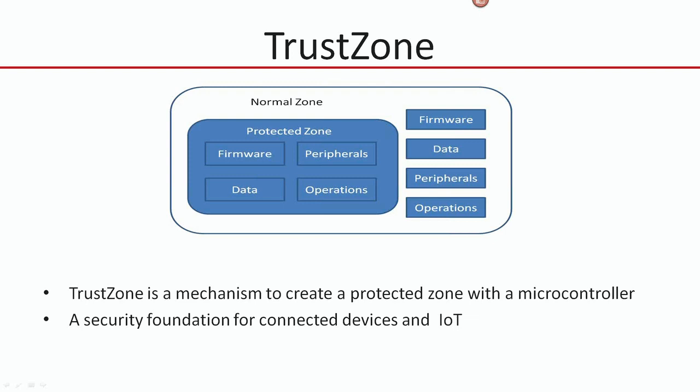So, for example, if you have a network device and somebody manages to find a vulnerability and can access code within the normal zone, they can't then view any data, code or peripherals that are within the protected zone. It's like a separate processor, a container which this code is running in that's invisible to code outside of it.